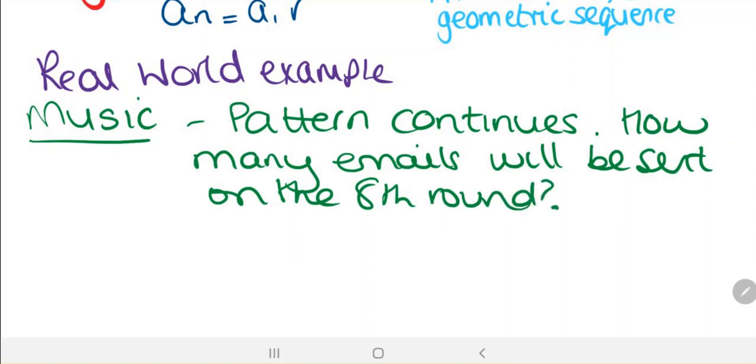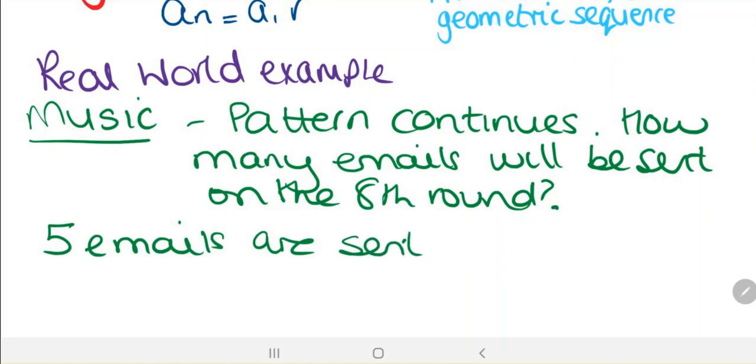So what we need to know is that 5 emails are sent in the first round.